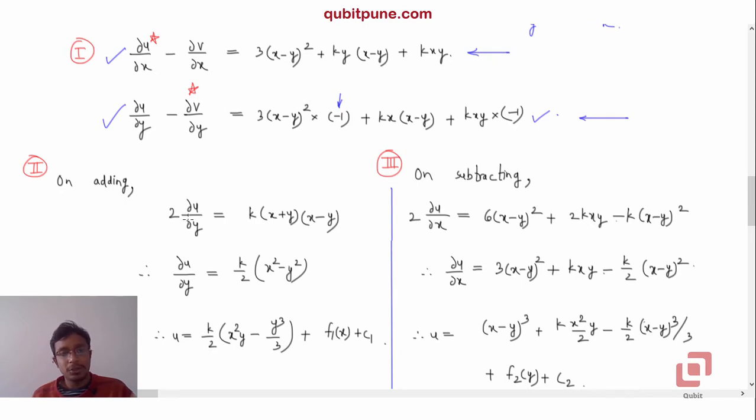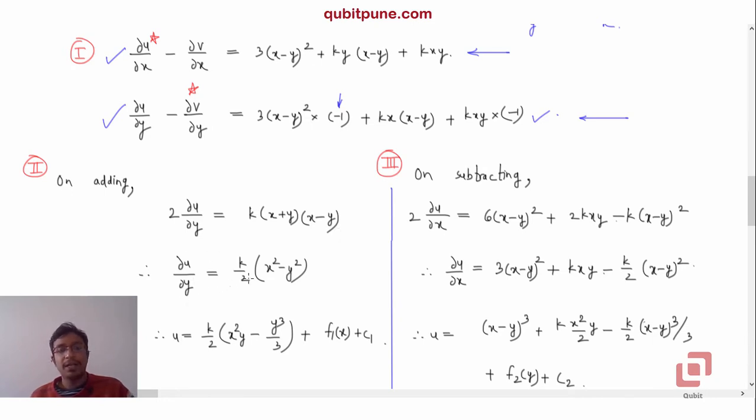So I will get 2 partial u by partial y equal to, excuse me, first two terms will obviously get cancelled, and so are the last two terms. So the terms that will get added are ky into x minus y plus kx into x minus y, which is k into x plus y into x minus y.